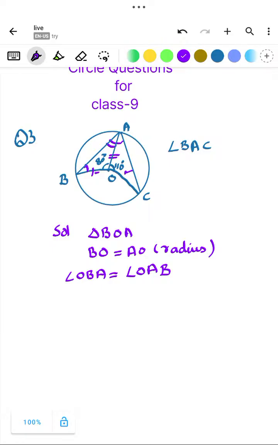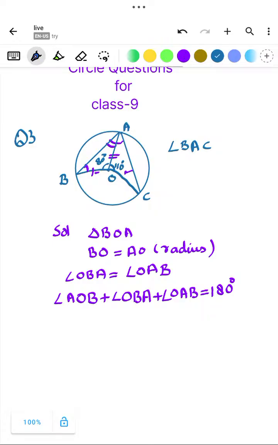Now by angle sum property in triangle BOA, we can write angle AOB plus angle OBA plus angle OAB is equal to 180 degree. Sum of all three angles will be 180 degree.